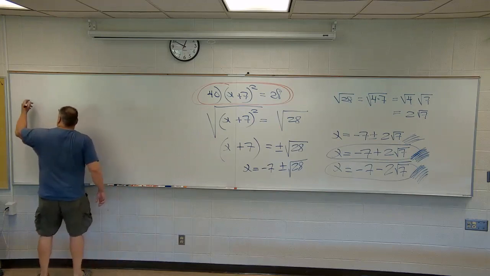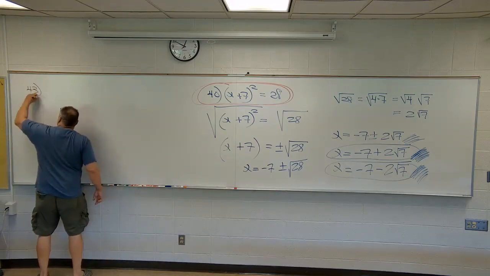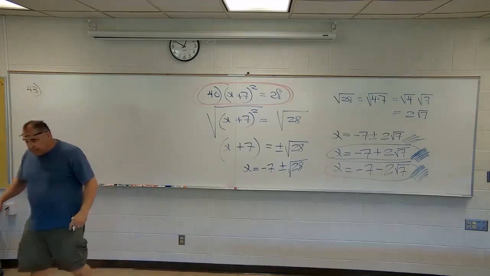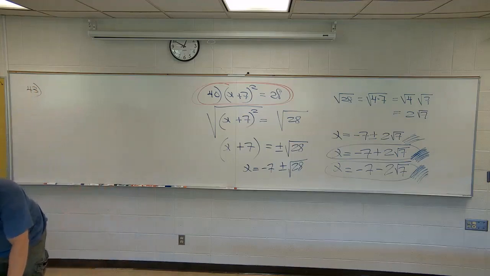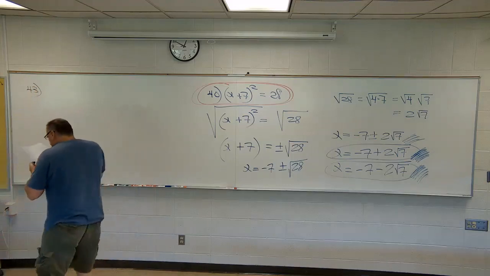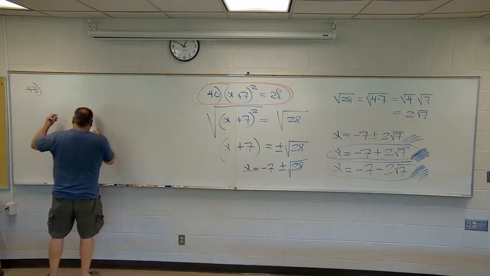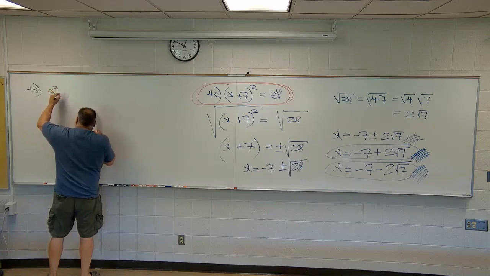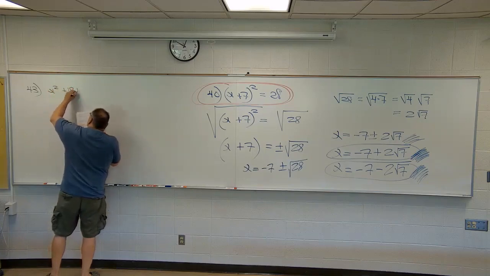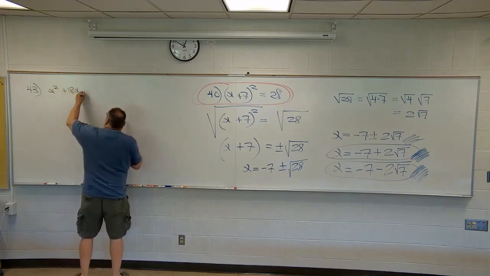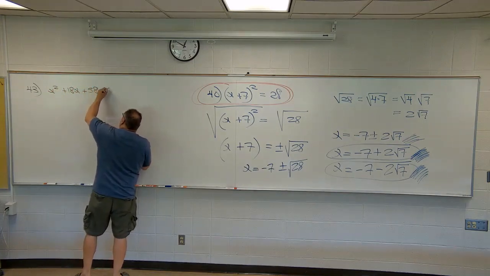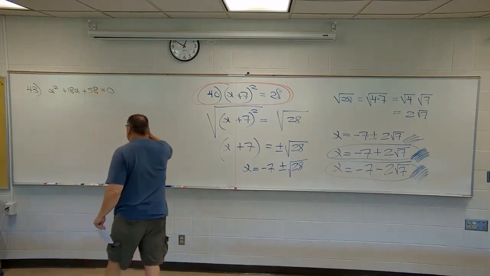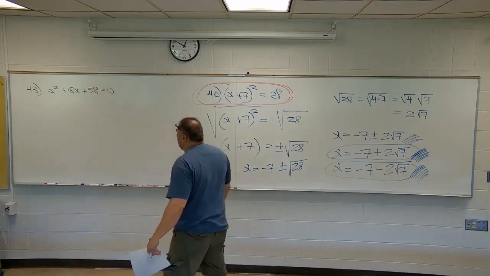Number 43, and I'm going to give it a little bit of a different look, just for a second. They write it in a particular way. X squared plus 18x. If they wrote 43 like this, that's fine.